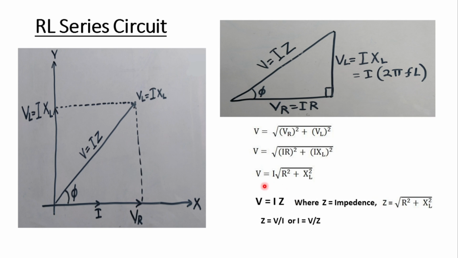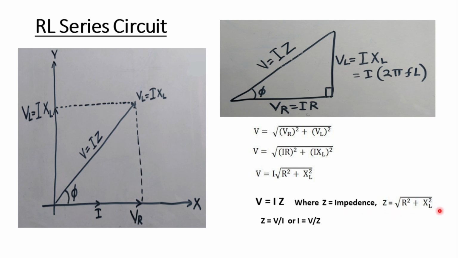So finally V is equal to IZ, where Z is impedance and it is equal to root of R square plus XL square. This impedance is the total opposition offered to the flow of current in an RL series circuit. It is measured in ohms.